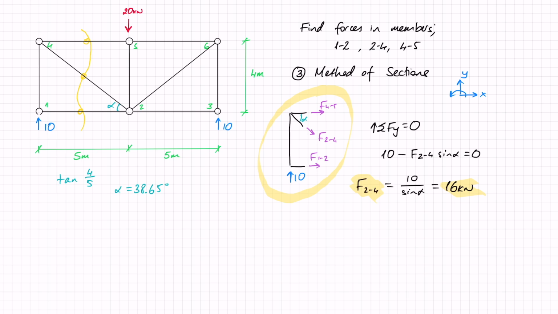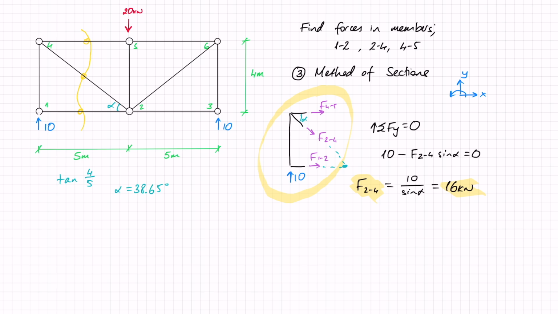I'm now going to do moments around joint 2. Joint 2 is this joint here where 2,4 and 1,2 meet. It doesn't matter that that point is not on this little drawing that I drew, because the fact that this needs to be in equilibrium is relevant for every place in the space. So I can do my moments wherever, and I'm going to do them around joint 2.